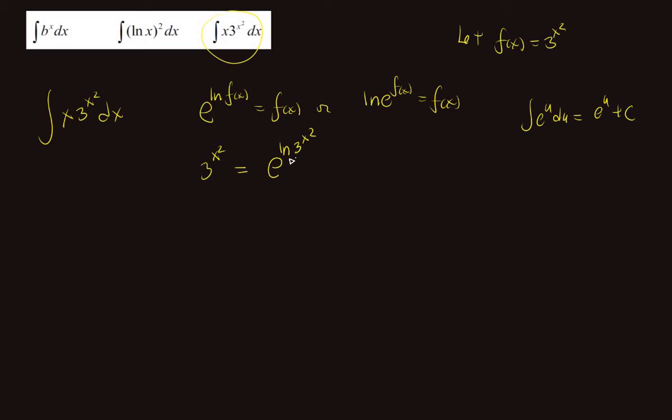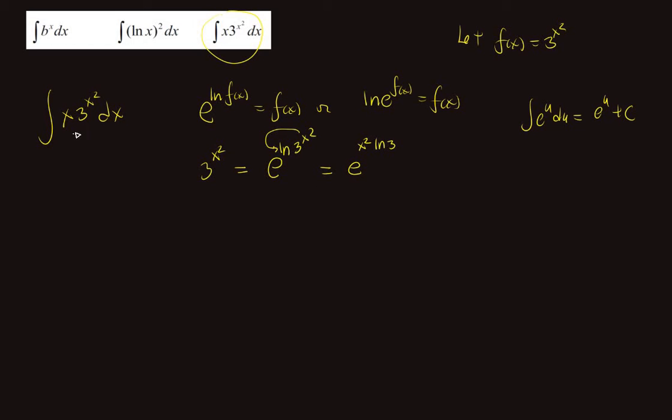So, I'm going to change something slightly. By using the exponential rule and logarithms, we can put this x squared in front, and this will be the same as e to the x squared natural log of 3. Perfect, this is exactly the expression that I want.